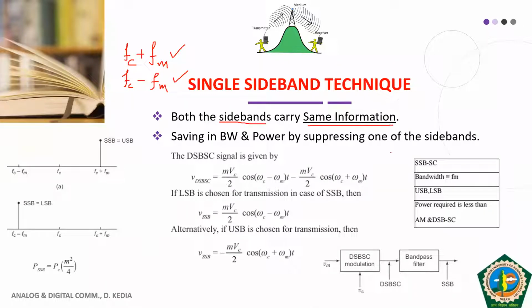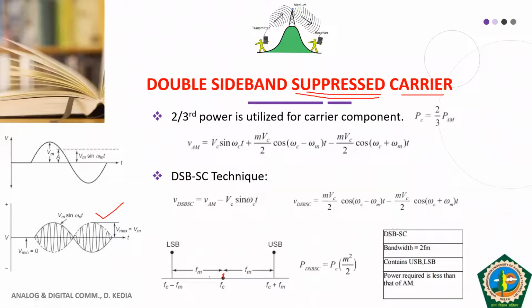Let me show you the previous slide. Because of modulation, we have got two sidebands, lower and upper, and these two carry the same information. Why the same information? Because our modulating signal was one only, and because of modulation, this same modulating signal is present in both the sidebands.